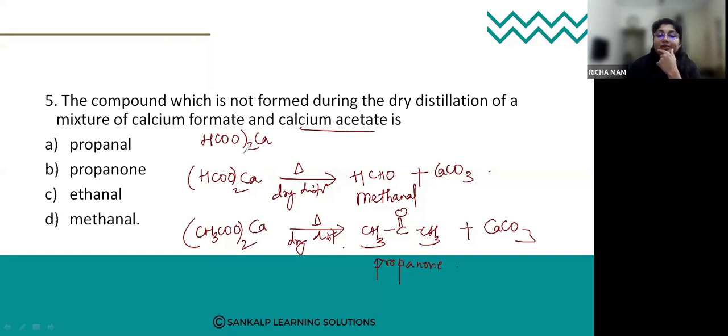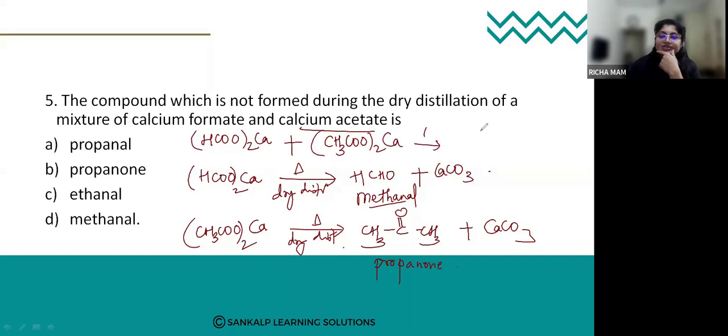So individually they will give you methanol and propanol. Now, when the mixture of these is formed, what is it going to form? (CH3COO)2Ca.